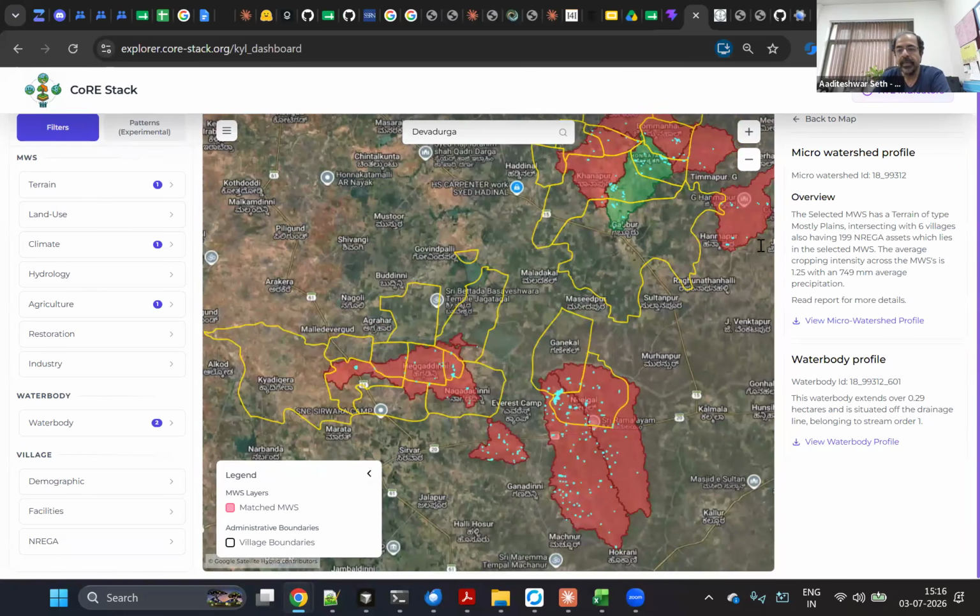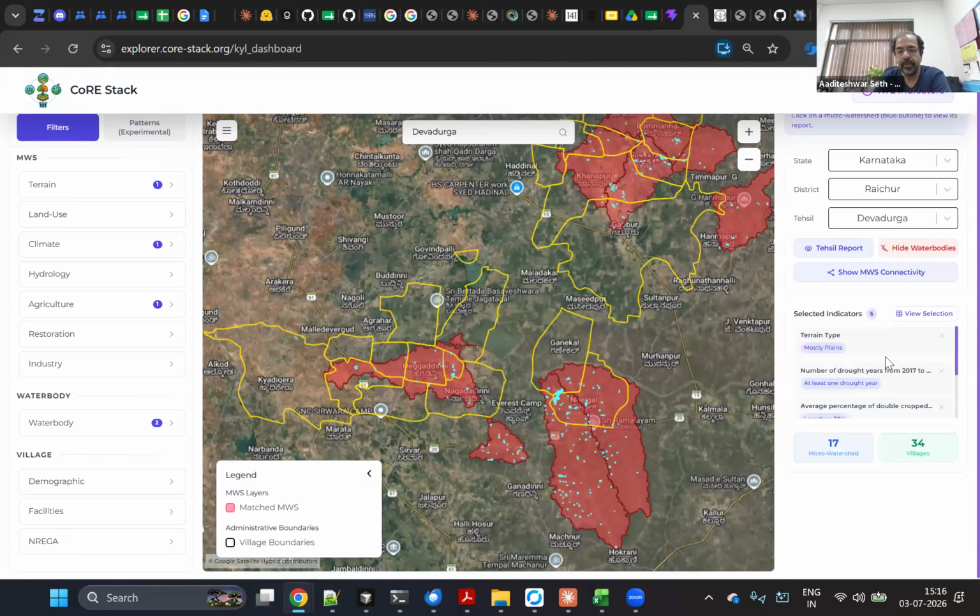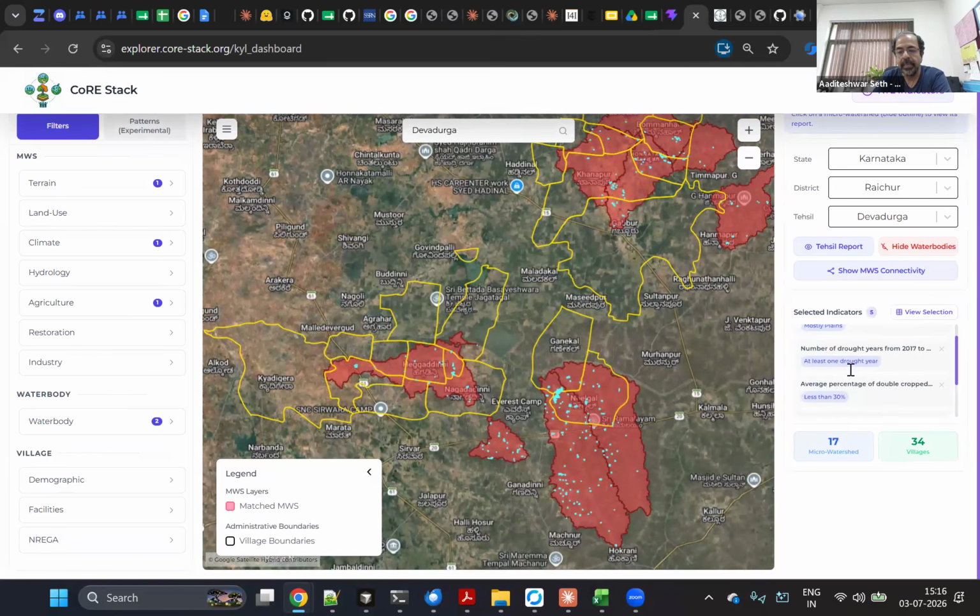Because making these kinds of filters is definitely one benefit for an agriculture expert or hydrologist. They can see that these areas have these kinds of properties, and they can think that maybe some farm ponds or check dams, or some other kind of interventions, might be more useful over here. That kind of reasoning is what you can do.